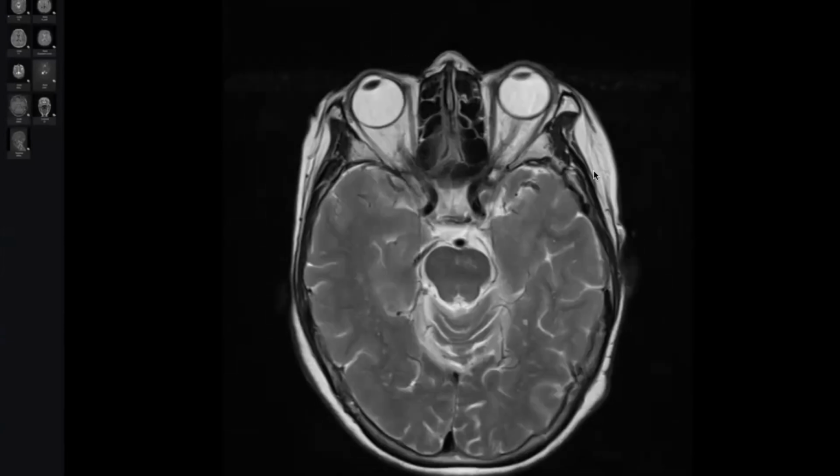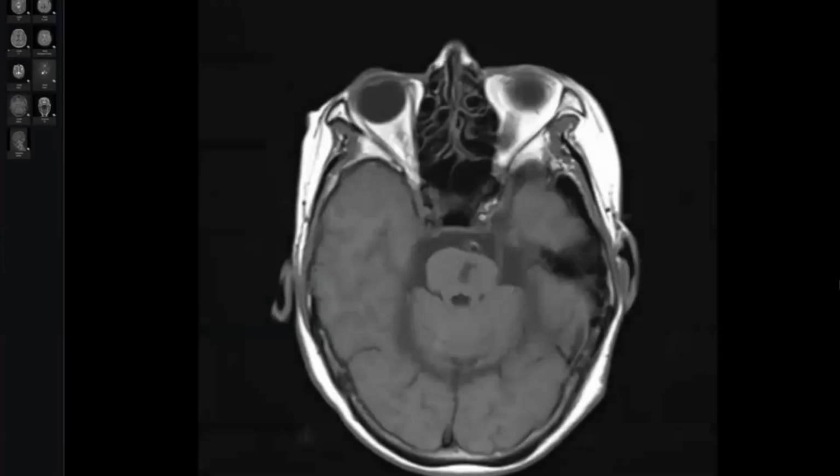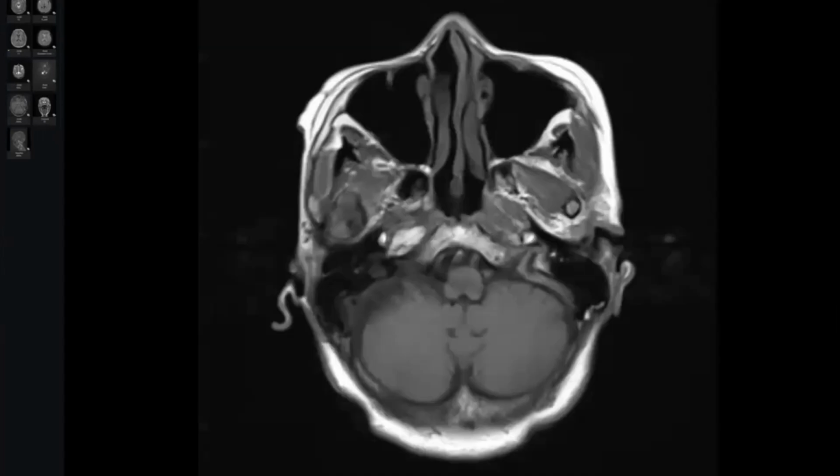Leave the mouse. Go on. This is T1 weighted image. So, I'm trying to scroll.